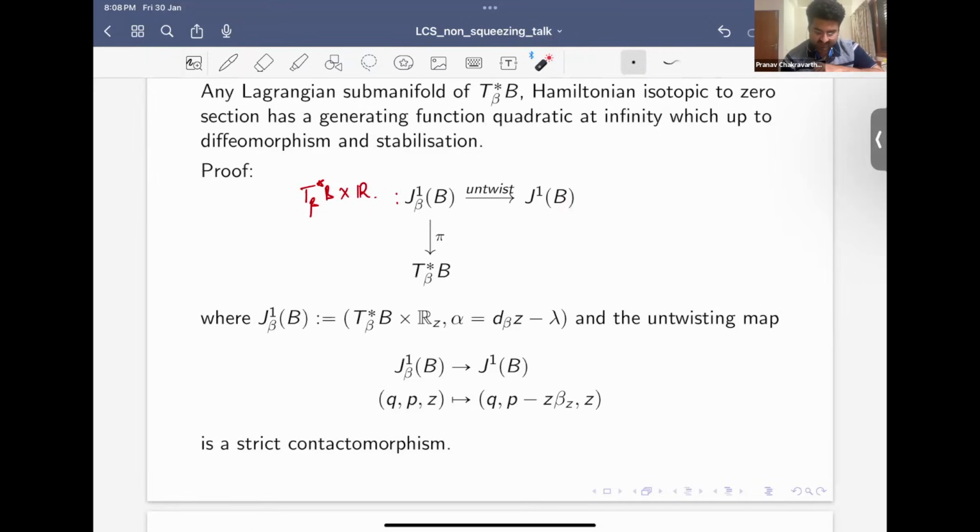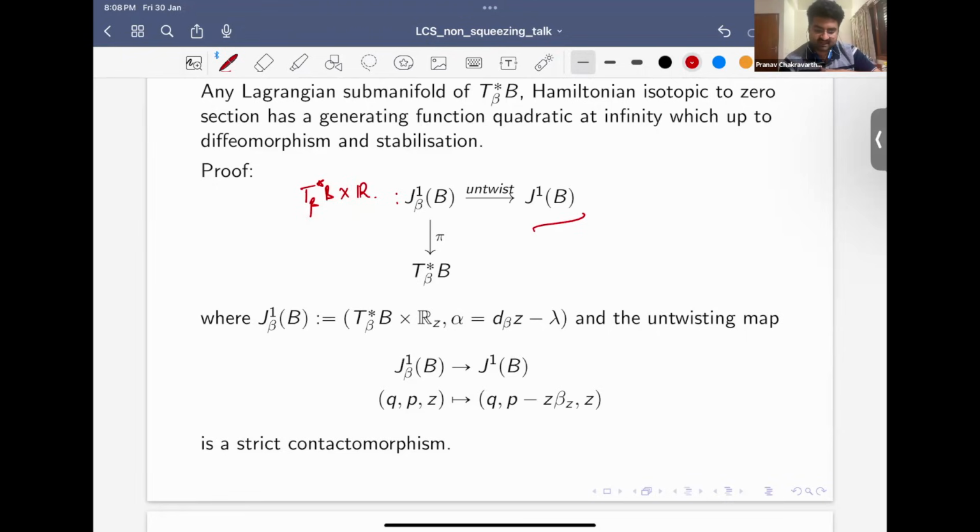And the explicit map is given as follows, where q and p are coordinates on the twisted cotangent bundle and z is the coordinate on R. You just send (q, p, z) to (q, p minus z beta, z). And so once you untwist here, you know that any Legendrian here has a generating function that is unique.